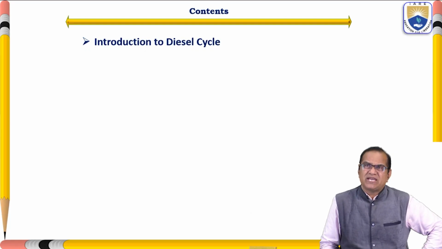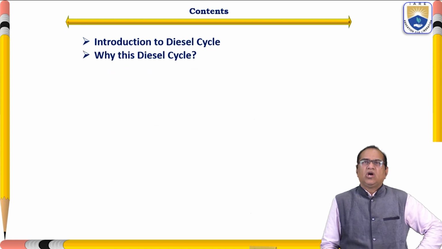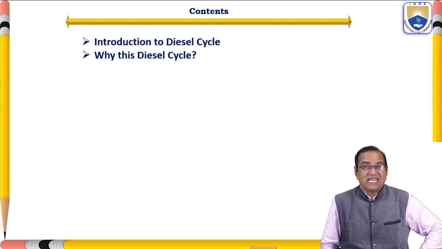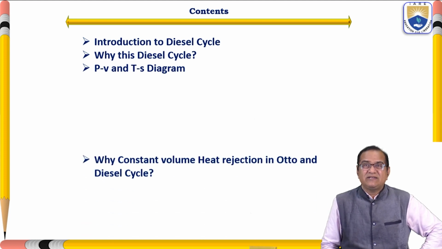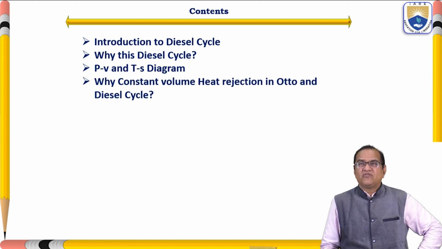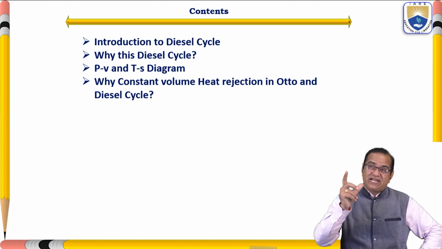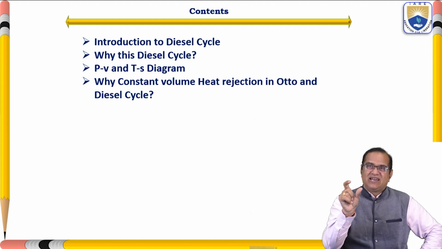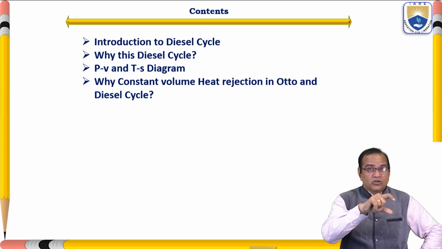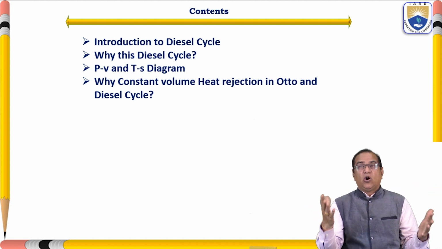So in today's topic, I am going to discuss an introduction to the diesel cycle. Why this diesel cycle? Then the PV and TS diagrams of the diesel cycle. Why is heat rejection at constant volume in both the Otto and diesel cycles? If you see, heat addition is at constant pressure in diesel, but in the Otto cycle it is constant volume heat addition. So why is there a difference?